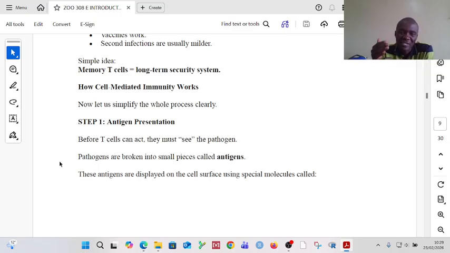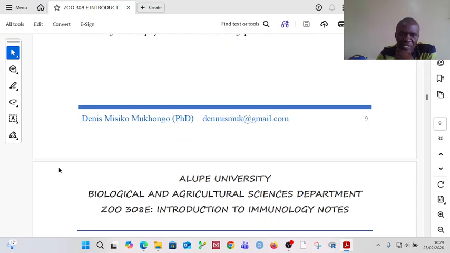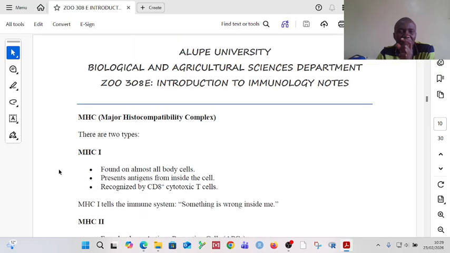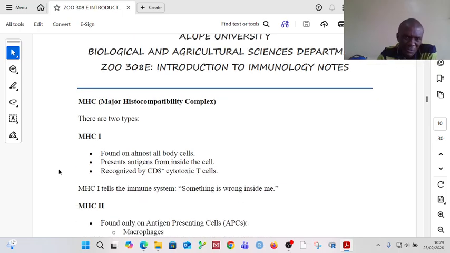Whatever is displaying these antigens on the surface of that infected cell, that display is made possible by special molecules, which we call the major histocompatibility complex. This major histocompatibility complex, which helps in displaying the antigens on the surface of the infected cell, comes in two types.